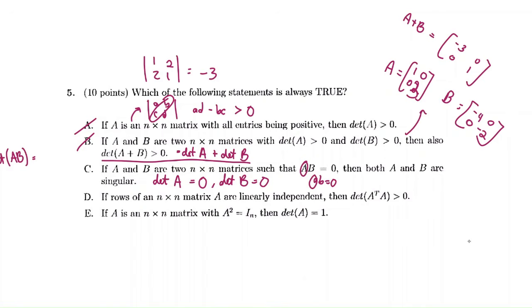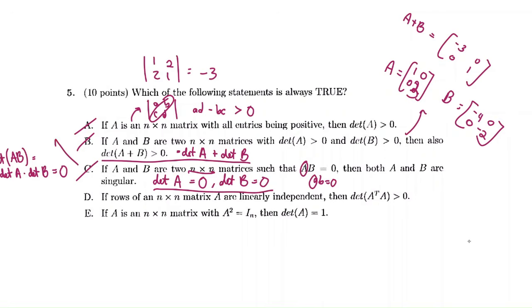We know this is equal to the determinant of A times the determinant of B equals 0. So you can see that the determinant of B could be 0, but the determinant of A could be non-zero, which means that it would be invertible because it's also an n-by-n matrix. So in this case, this is a false statement because you can have one of them being 0, but you don't need to have both being 0.